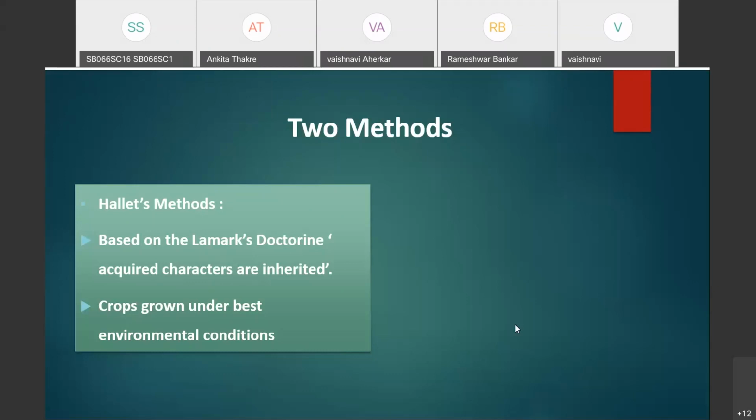And thus this method is based on the doctrine that acquired characters are inherited.